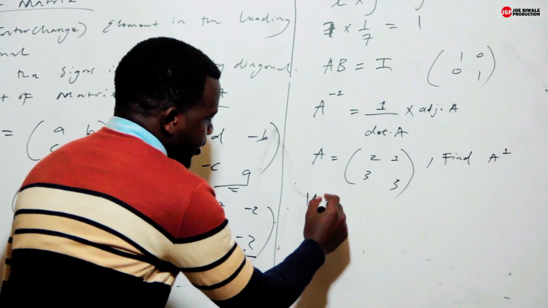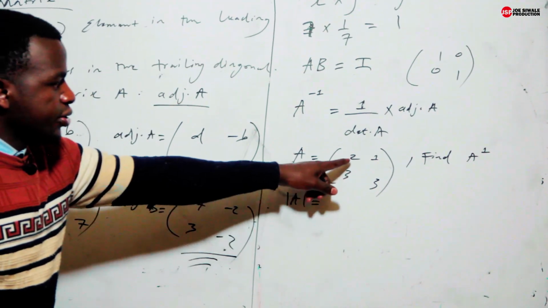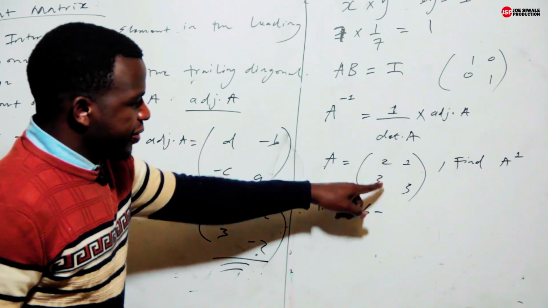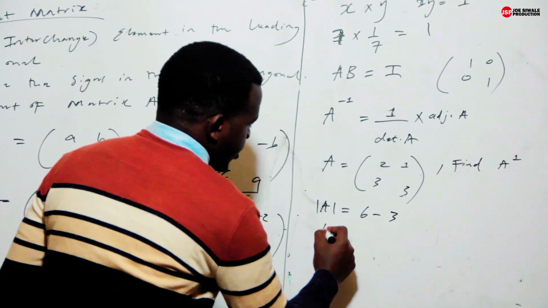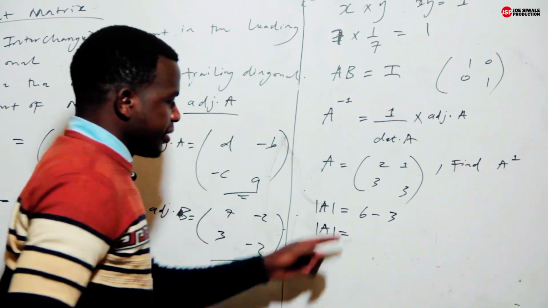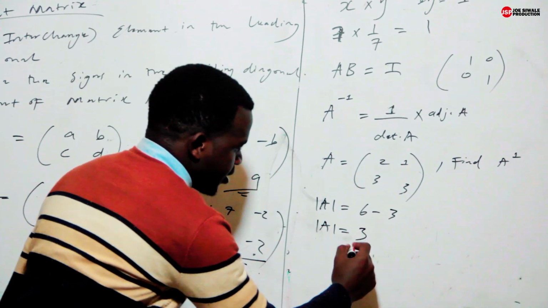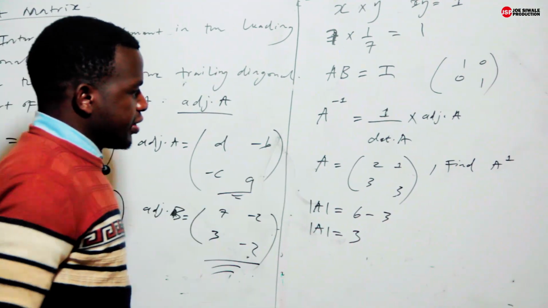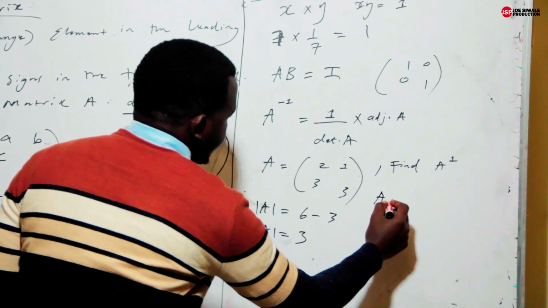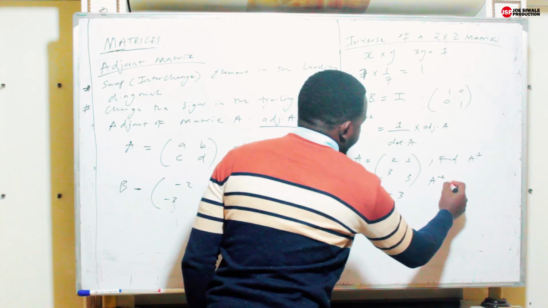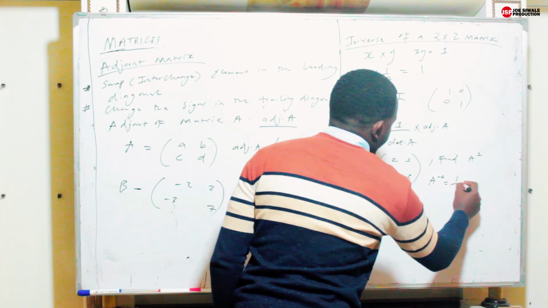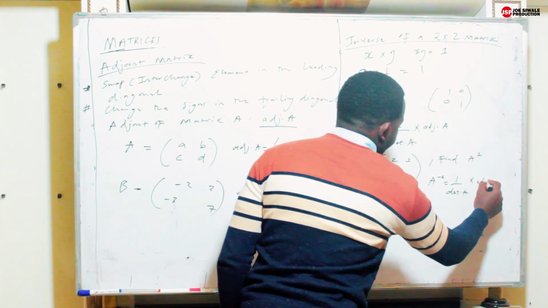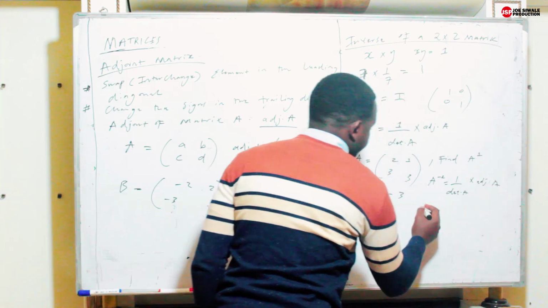Calculating the determinant there, we're going to say 2 multiplied by 3, we're going to have 6, minus 1 multiplied by 3, we're going to have 3. So the determinant there, we're going to have 6 minus 3, that's 3. Then we can write down our formula. We can say the inverse of matrix A there is 1 over determinant of A multiplied by adjoint of A.